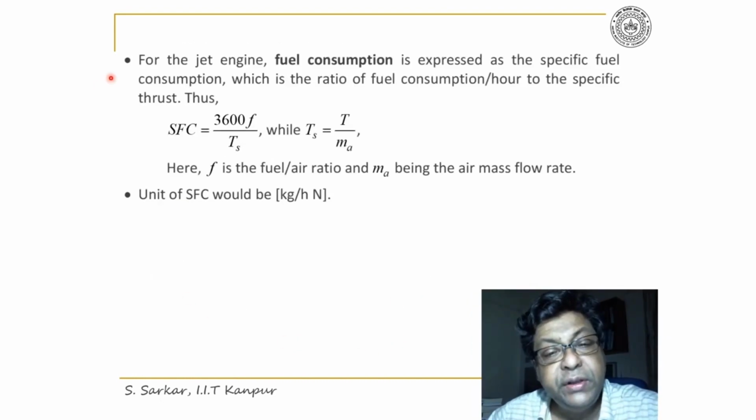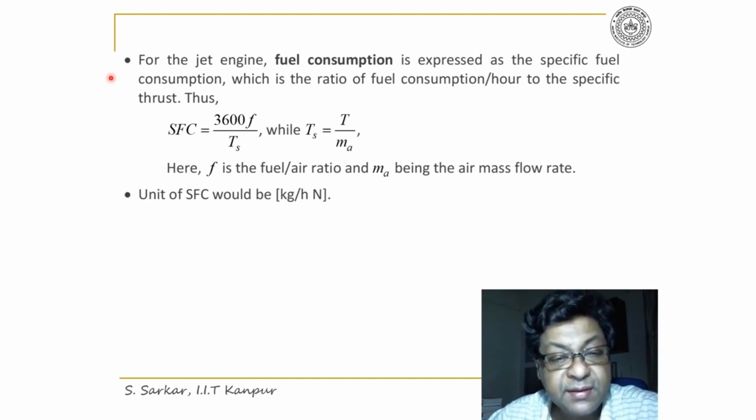For the jet engine, the fuel consumption is expressed as the specific fuel consumption, which is the ratio of fuel consumed per hour to the specific thrust. Thus, the specific fuel consumption can be expressed as SFC equal to 3600 F divided by TS, where TS being the specific thrust, which can be expressed as T divided by m_a, where m_a being the mass flow rate.